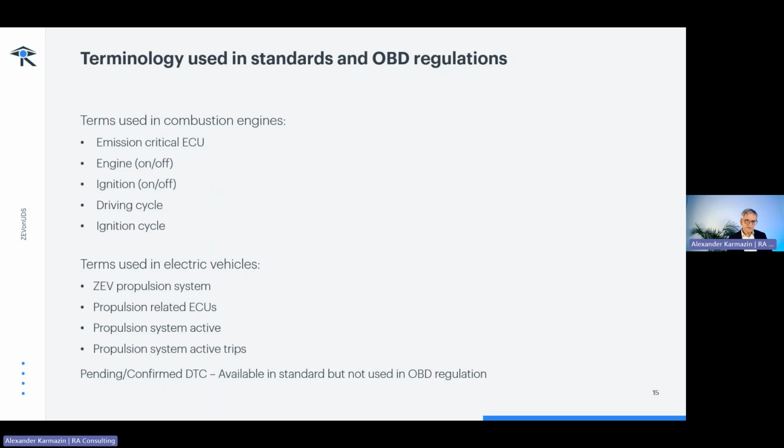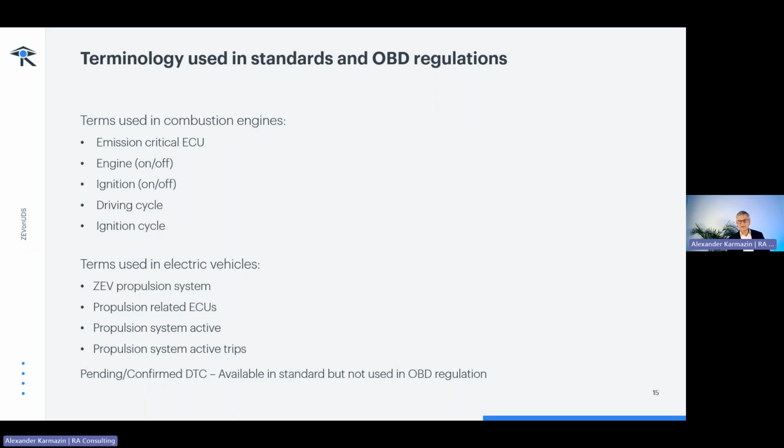So everybody who is used to combustion engines knows we have so-called emission critical ECUs or emission related ECUs. We have quite often used engine on or off, or ignition on and off. So we have a key to turn the ignition on and the engine on.